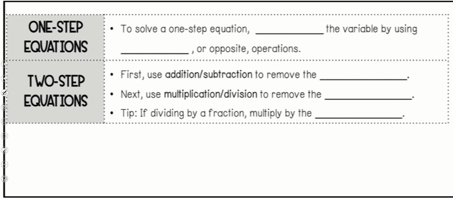When we solve a one-step equation, what we want to do is isolate the variable by using inverse operations. You won't get the variable by itself by doing the opposite.